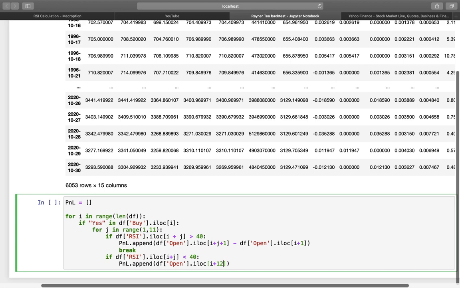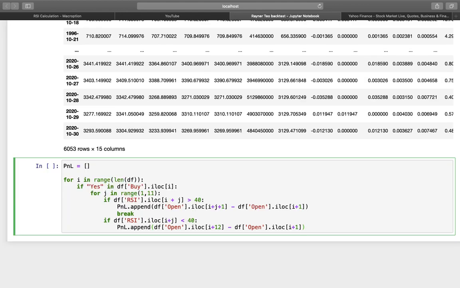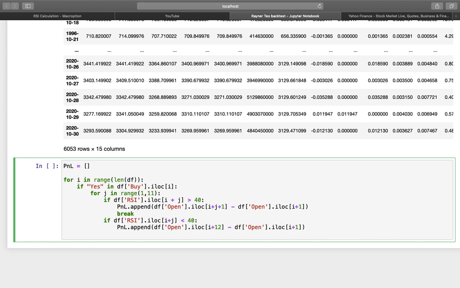If we would sell after 10 trading days, taking the next day's open, it would be i plus 12 in sum. So again, the logic of the buying price is the same as before, so we are just copying the syntax from above, taking iloc i plus 1. As above, we have to break the loop once a profit or loss is appended to our P&L list.